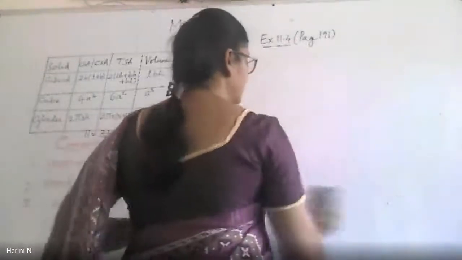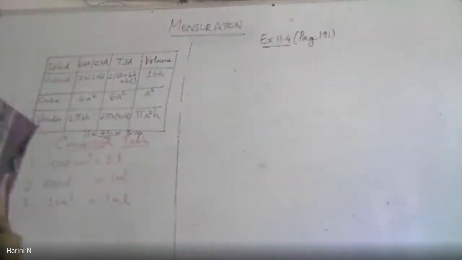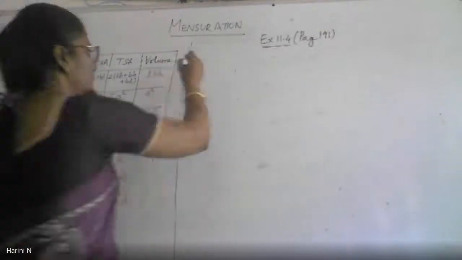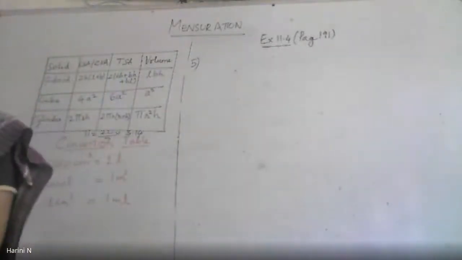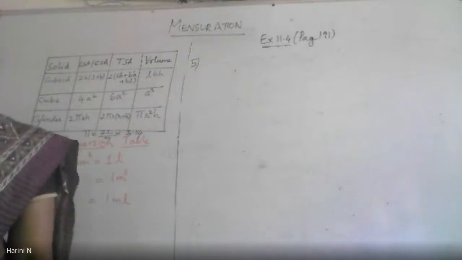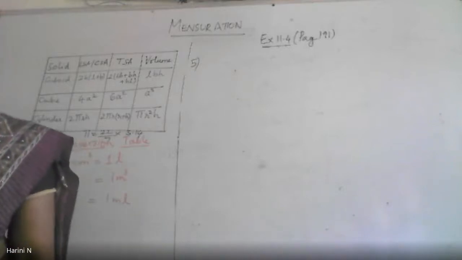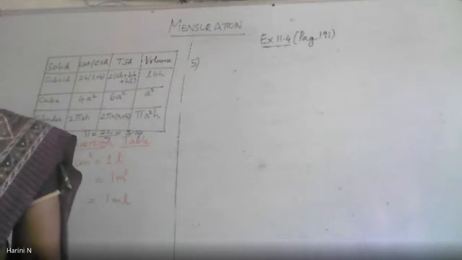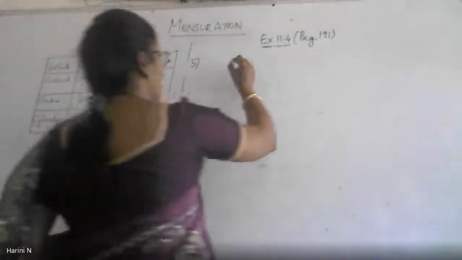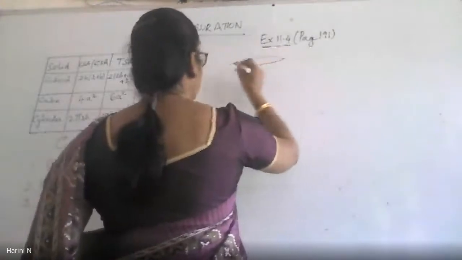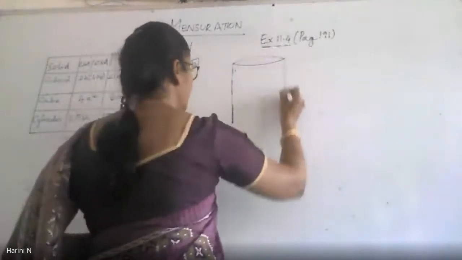Again, you're talking about the cylinder here now. The fifth one. Find the height of a cylinder whose volume is 1.54 meter cube and the diameter of the base is 140 centimeter. Here you have to be very careful because there are two different units.